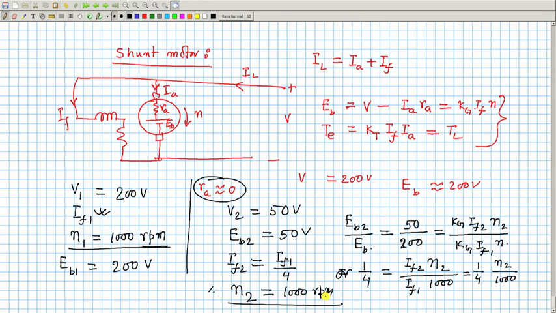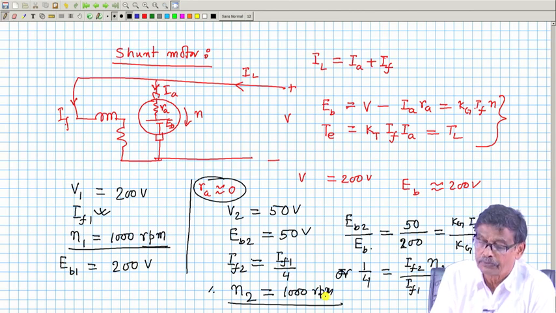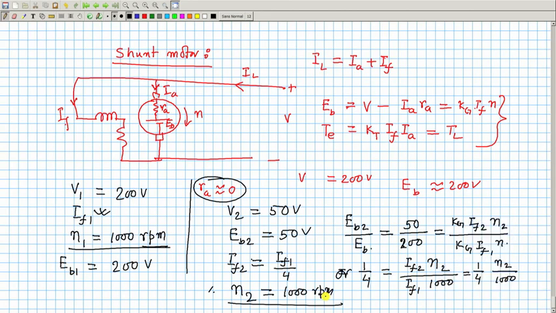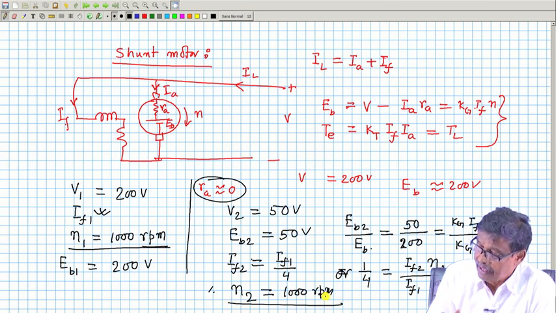Therefore, you see, whether the machine is connected in shunt or is a separately excited motor, the only thing is you draw the circuit correctly and write down these 2 equations, back EMF and armature equations.